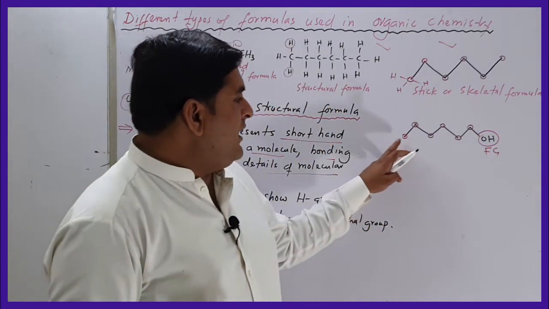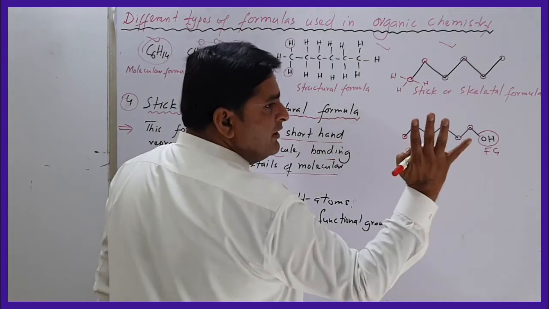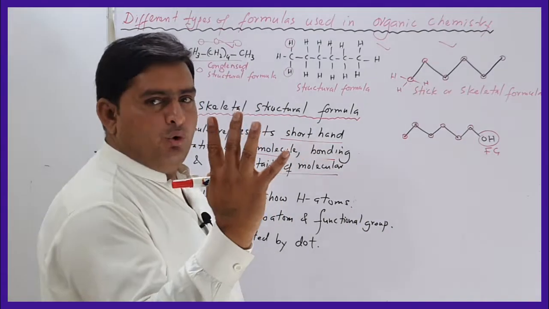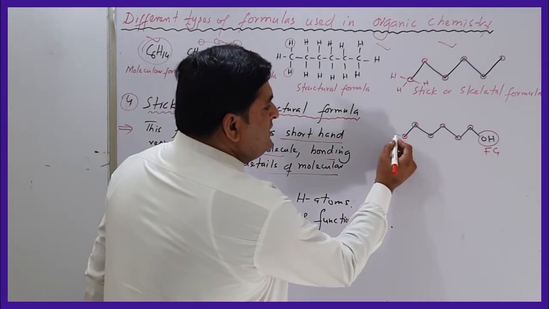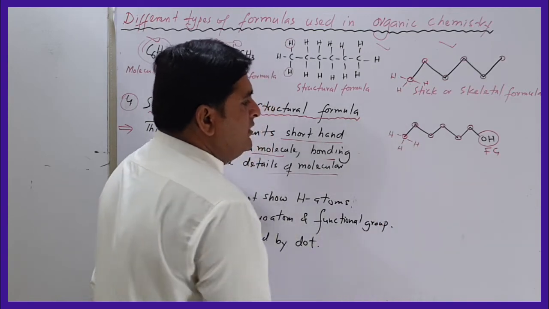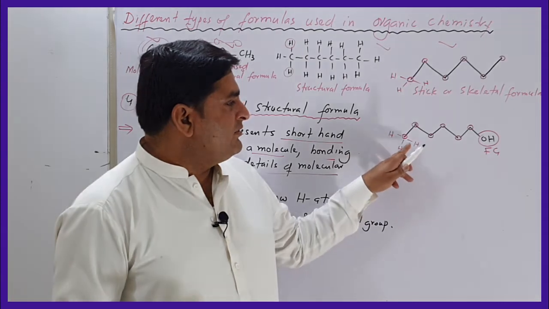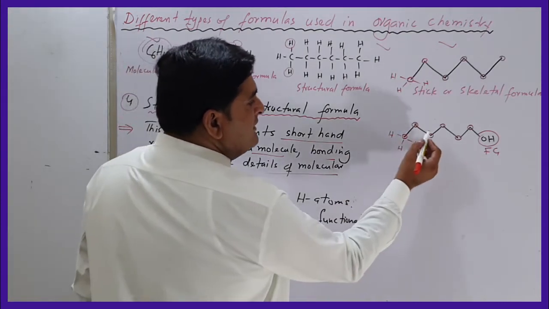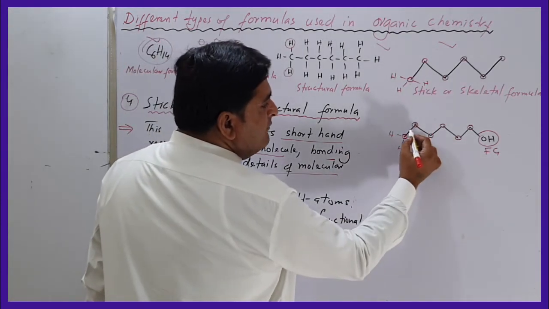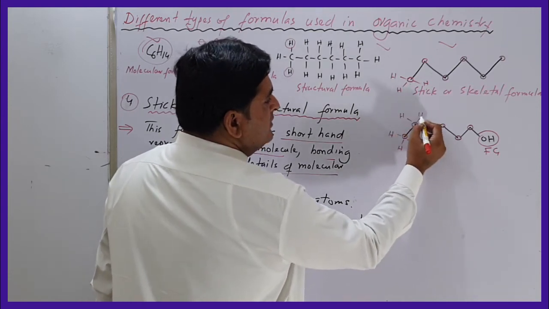In this we know that this is a carbon, and the valency of carbon is 4. So there must be 3 hydrogen atoms there, but in order to save time and manage things easily, we have omitted these hydrogen atoms. This carbon has formed 2 bonds, so the 2 remaining valencies are satisfied by hydrogens.